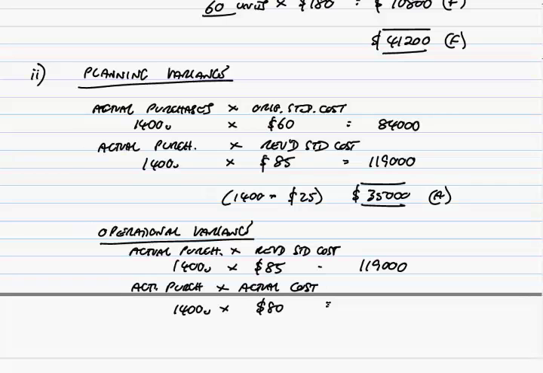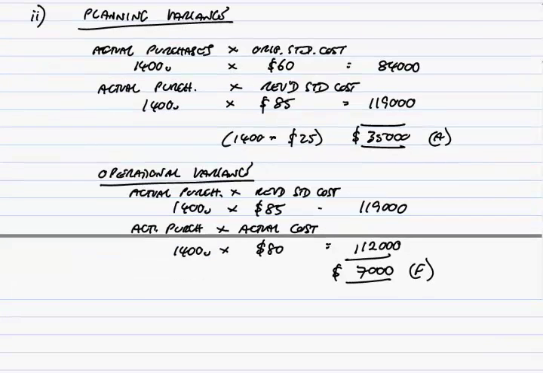We actually spent $112,000. And so there we saved 7,000, 7 favourable. And again, the way the information was given, you could have written it straight down.